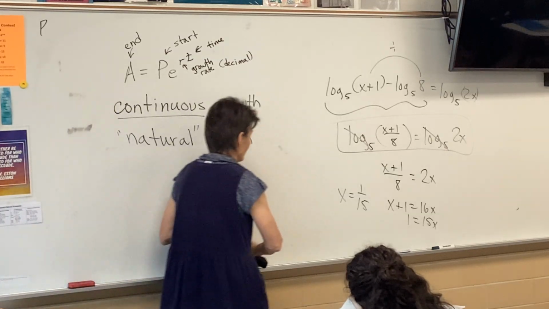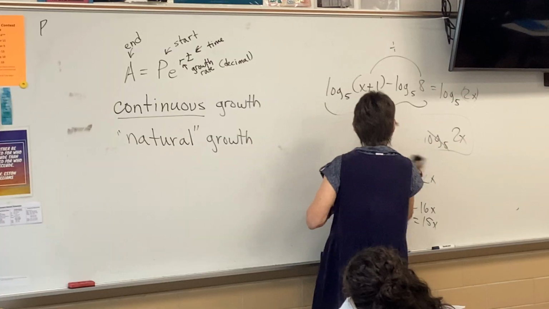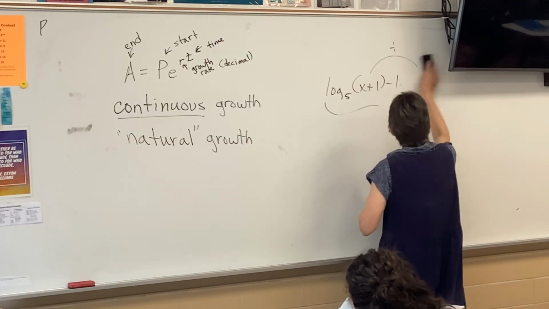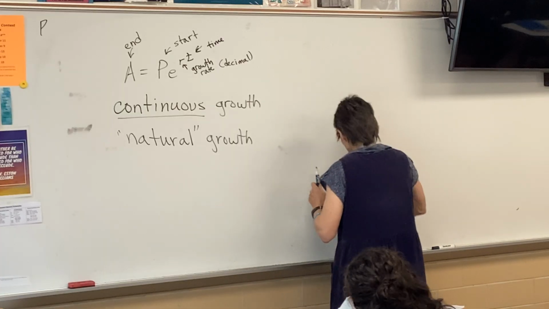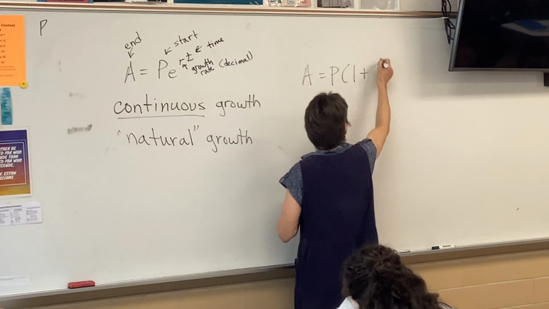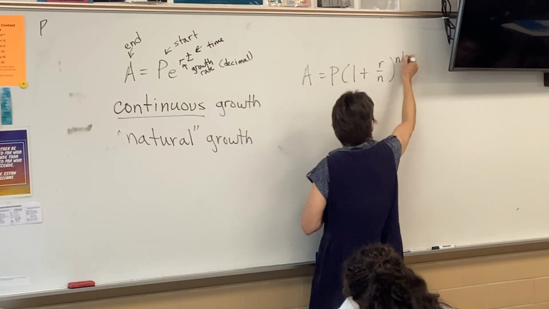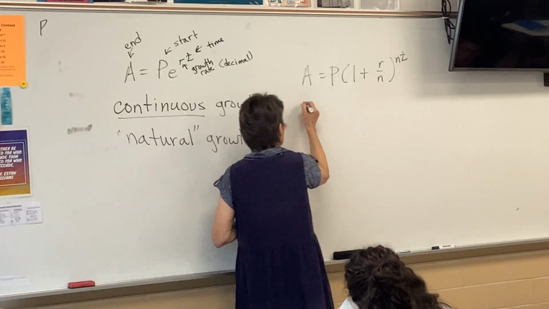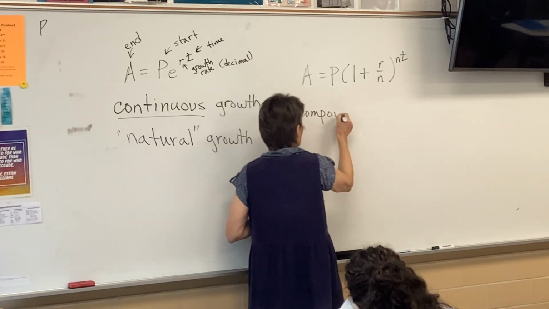The other growth formula that you have to memorize, these are the only two. All the other ones I will give you, but you need to memorize this one. This is your compound interest formula.